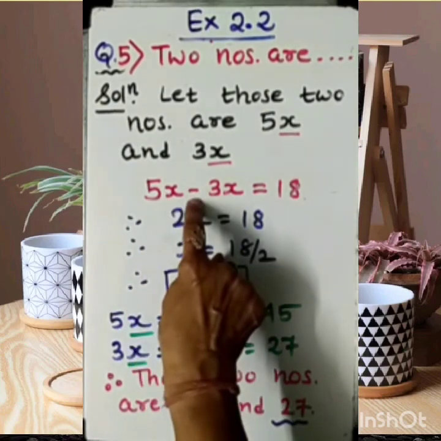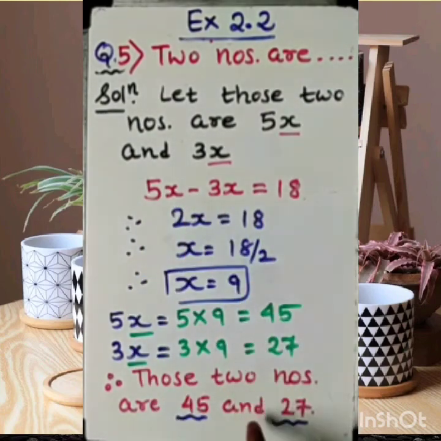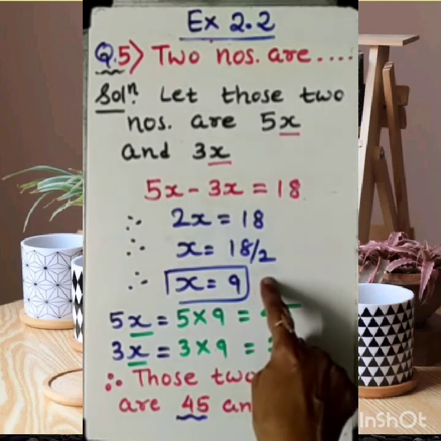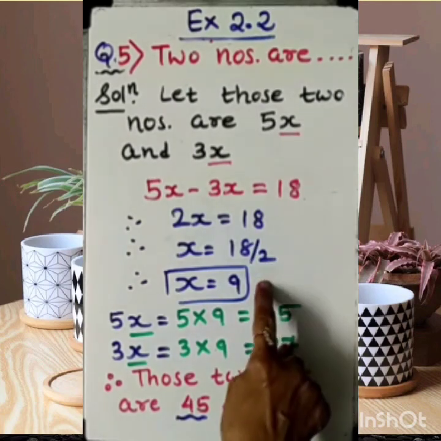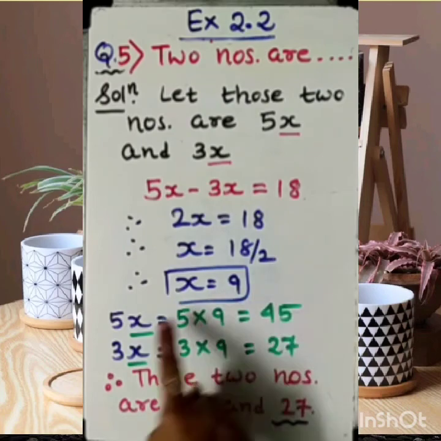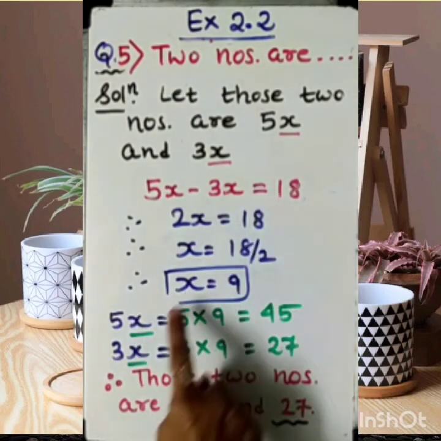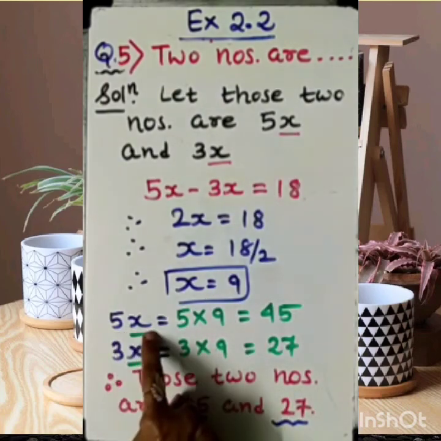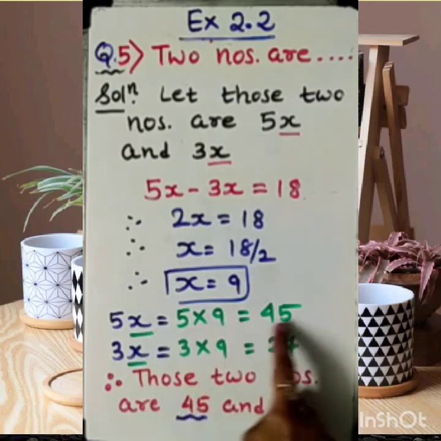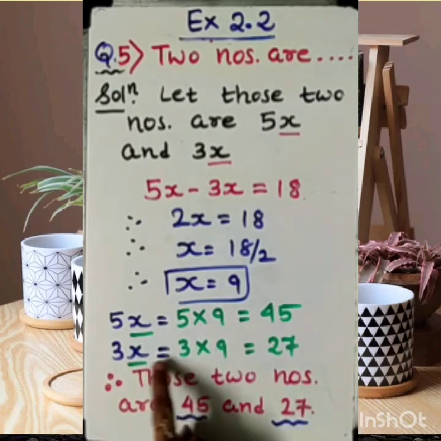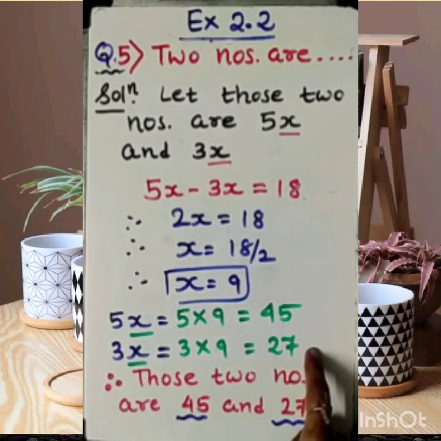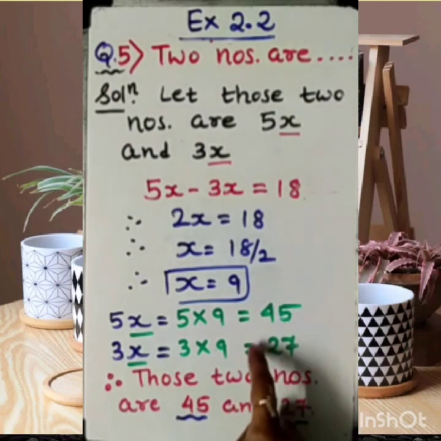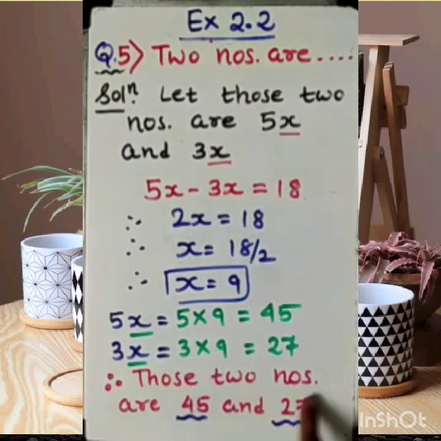And if a difference is given, then you need to subtract and simplify and try to get the value of x first. Then whatever value of x we get, put it in the required result. Means 5x is a required result, so 5 into 9 is 45, 3 into 9 is 27. So finally we will have the values of those two numbers.